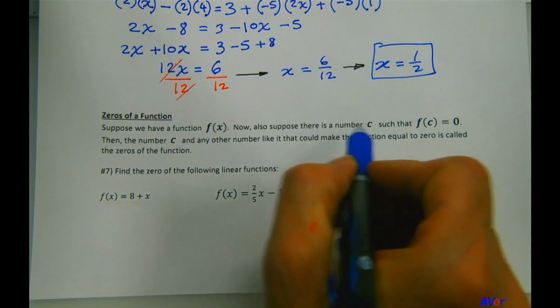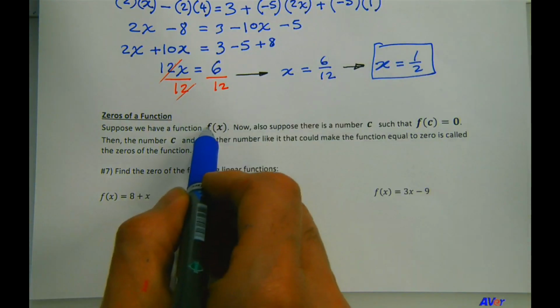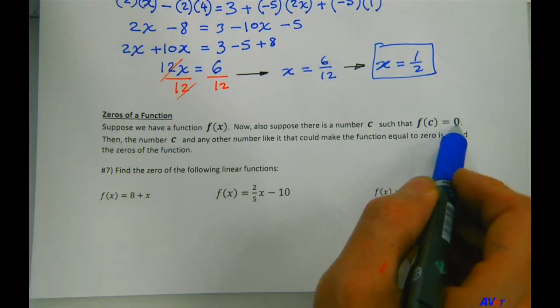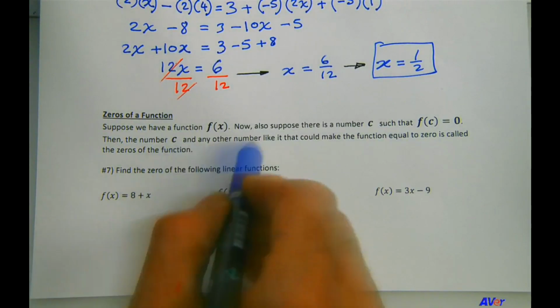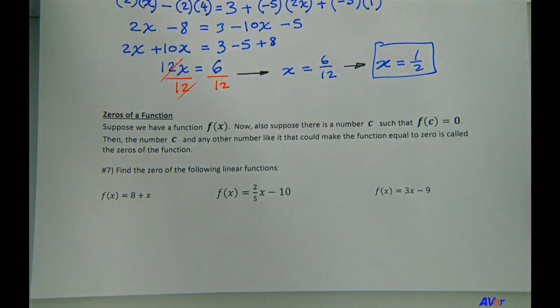So for any number c, if you evaluate this function at some number c and you end up with 0, then the number c and any number like it, it could be more than one number that would make a function equal to 0, such as quadratic inequalities, right?